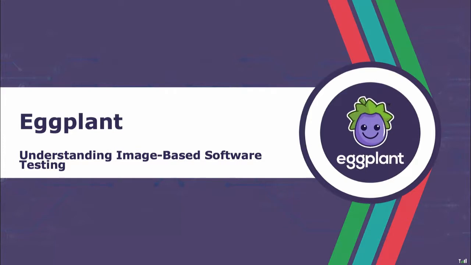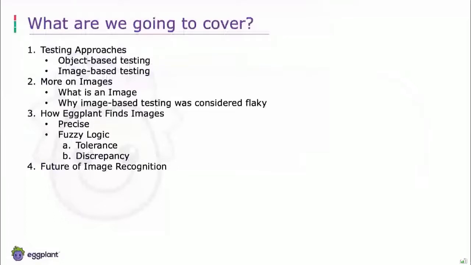All right, so let's go through the slide deck here. So, what are we going to cover? The first thing we're going to do is cover our testing approach, and basically, we can't talk about image recognition or image-based testing without talking about objects. So we're going to talk about a little bit of object-based testing and then image-based testing. Then I'm going to go into some detail about images and what they actually are, how they work, the technology around images, and within that, why people consider images to be flaky.